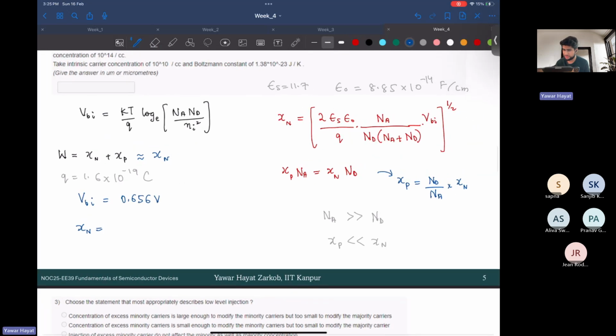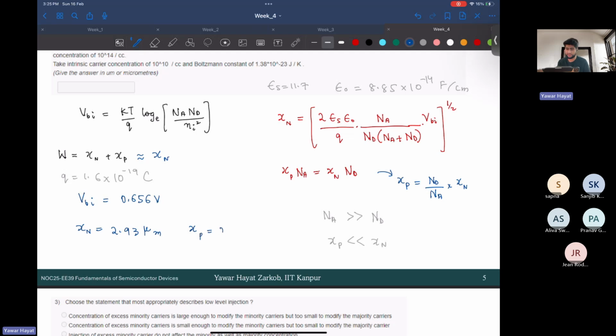Your xn is equal to 2.93 micrometer. You can also compute xp, although that would be negligible compared to xn.